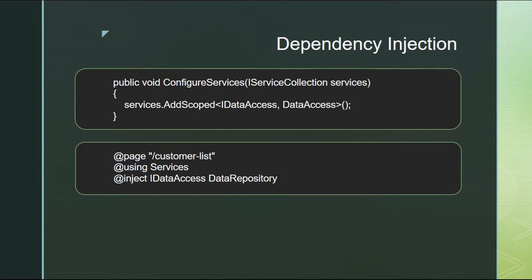And then the dependency injection, as I mentioned, you can specify it in the startup file. And you can access those injected objects in the component, you say inject, the type, and then the name.